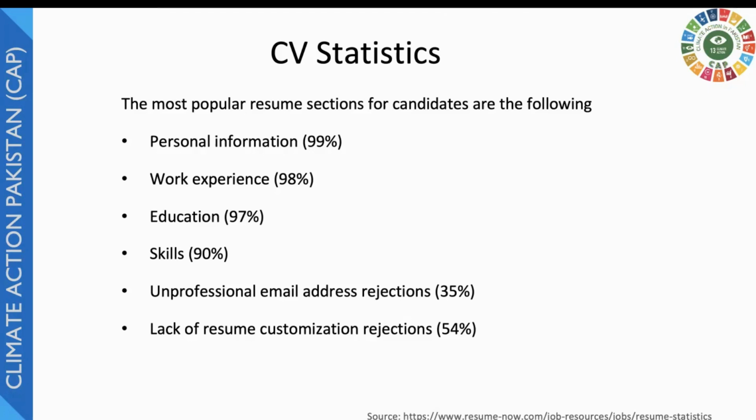It means if you have used the same CV and it is not relevant to the job you are applying for, it will be rejected. So the chance is 54% that your CV will be rejected if you have not optimized it as required in the job description. So whenever applying for any scholarship or any job, first go through the job description or the required responsibilities, study them and optimize your CV, then submit your CV.